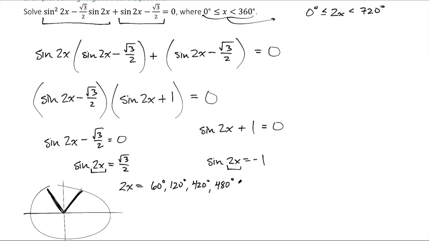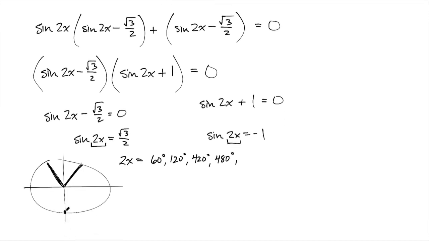But also over here, I care about when sine of 2x is equal to negative 1. And negative 1, that's down here. That's right here. Of course, that's at 3 pi over 2, or in degrees, that's 270 degrees.